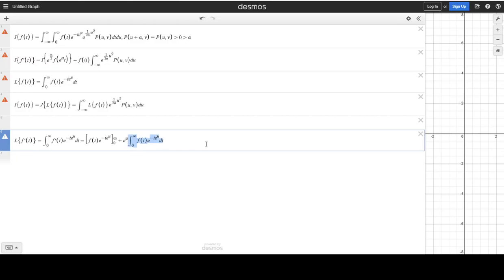This, by definition, is just L f of t. And then this, as t approaches infinity, will just approach 0, assuming f of t is sub-exponential, and then minus f of 0.